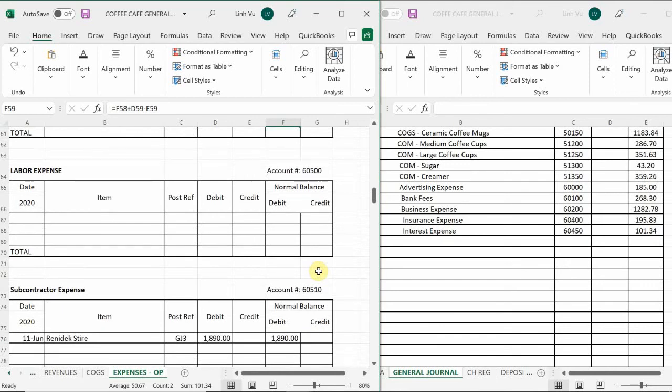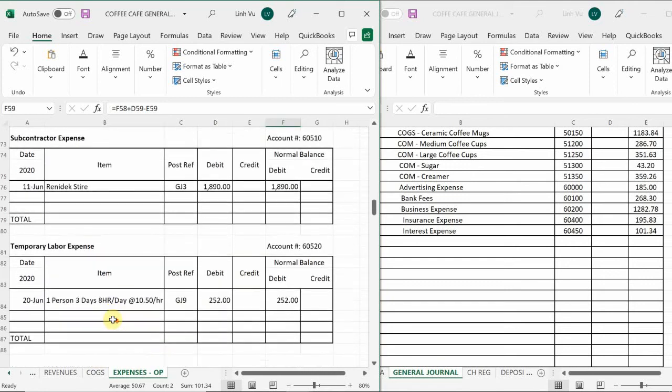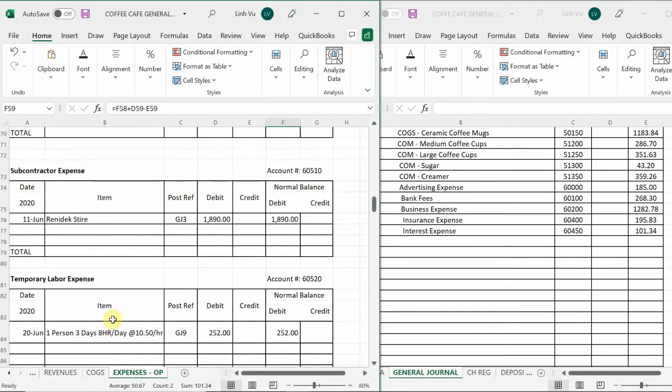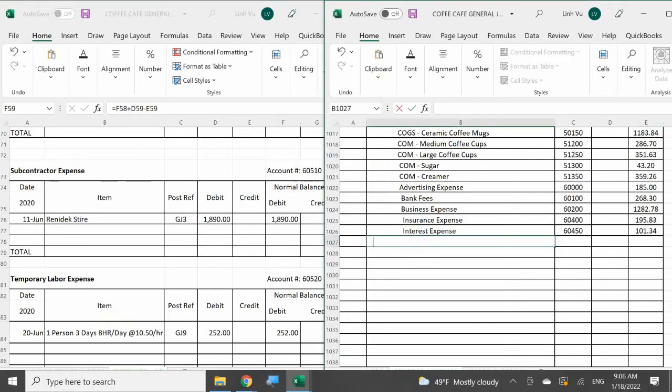Next is labor expense, which we have nothing in, but we have subcontractor expense and temporary labor expense. Okay, so starting with the first one, for the amount of $18.90.